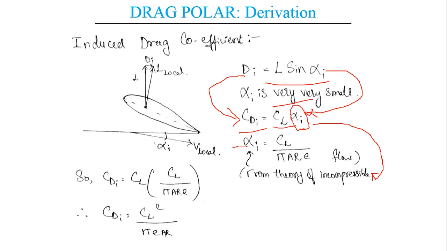This is a kind of two-page derivation. So we will be getting to know about it in thin airfoil theories, and when we cover the aerodynamic part of these lectures.